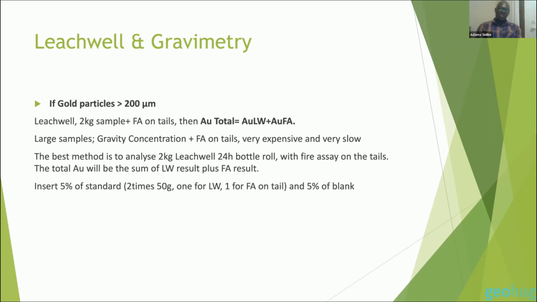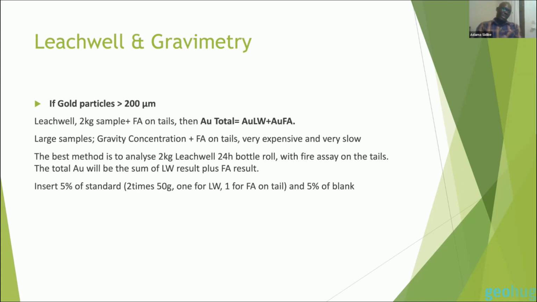After that, insert 5% of standard, 2 times, 50 gram for Leachwell and 50 gram for fire assay. And use 5% of blank.